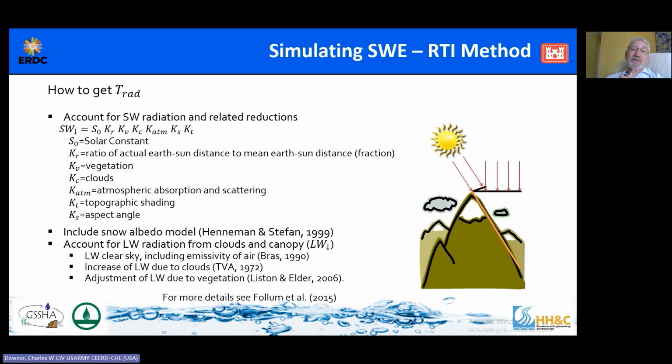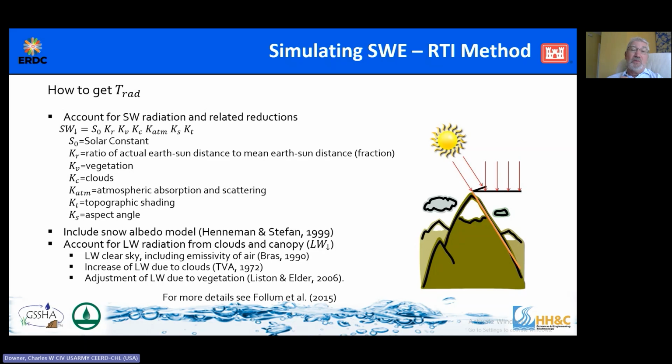So if the land is very steep and the sun's at a high angle, then you don't really get much sun on the land, like it would if it was flat.